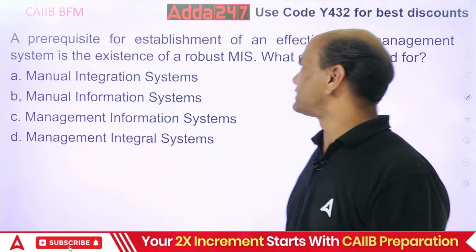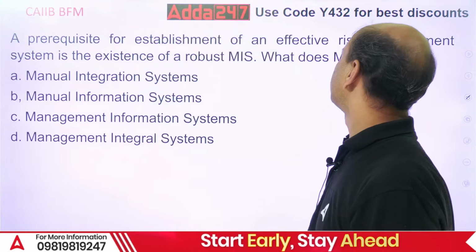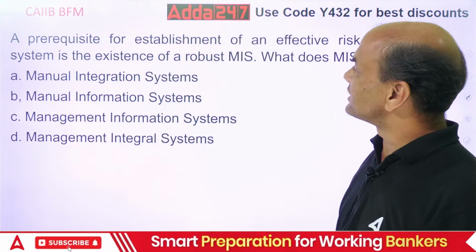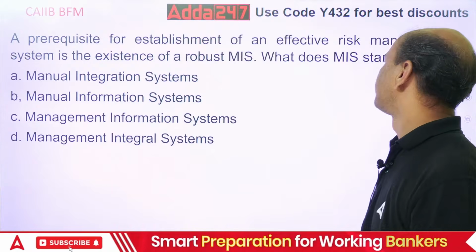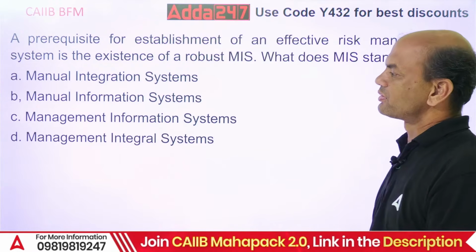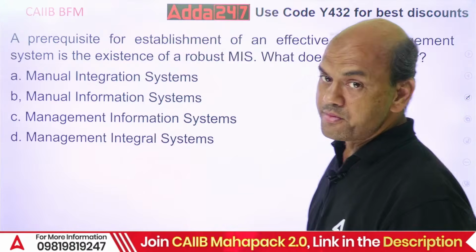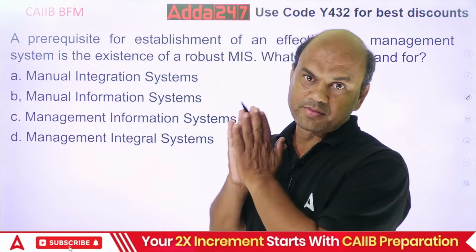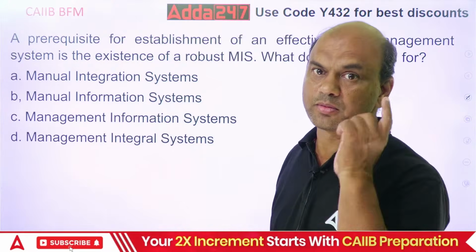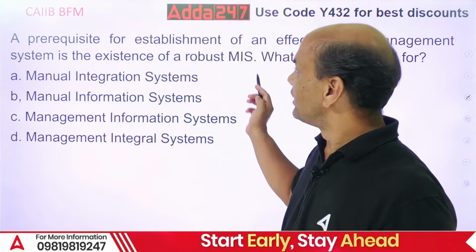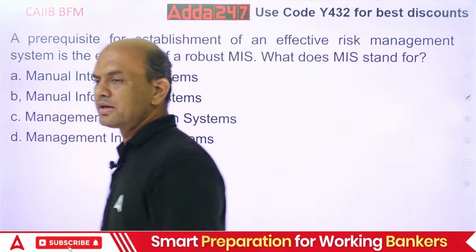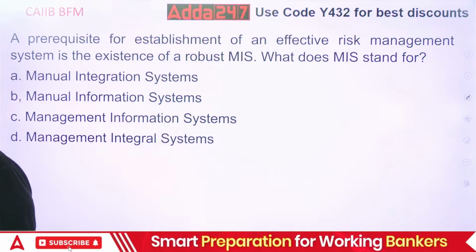A prerequisite for establishment of an effective risk management system is the existence of robust MIS. What does MIS stand for? Again, if somebody doesn't know this, direct shift to Himalaya, leave the banking.